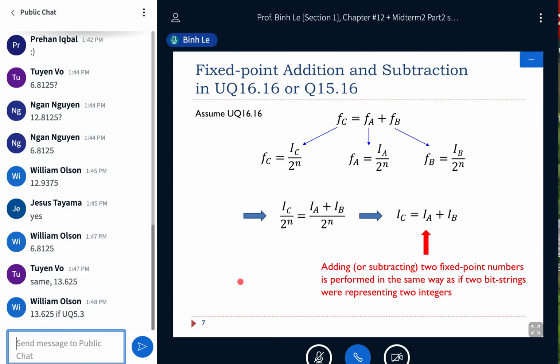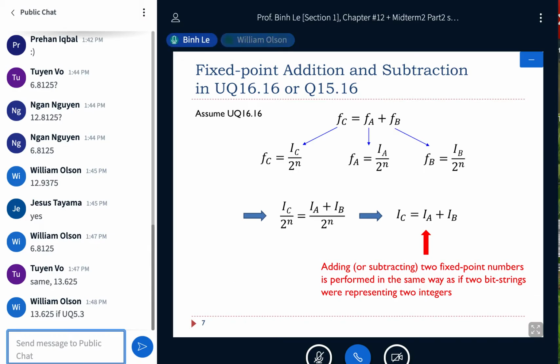The binary number is 0011, and I use just 1 bit for fraction. Basically, n equal to 1. So what is that real number that I want to represent? Please let me know. Yes. 0011.